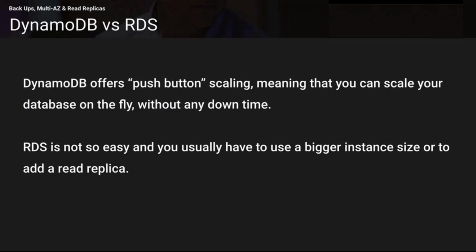You just go to the button and say, okay, I want to increase the size, I want to increase the capacity. You can do it within a fraction of seconds while the database is still live and running in the production environment. That is possible with NoSQL DynamoDB, but not with RDS, right? So that is the difference we are going to see in how DynamoDB offers push button scaling, where I can scale my database up without any downtime.